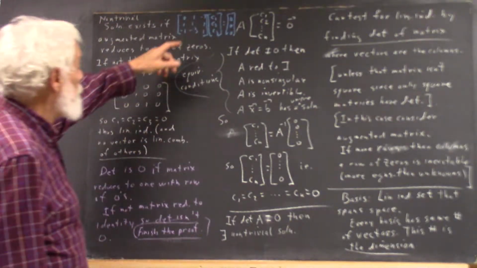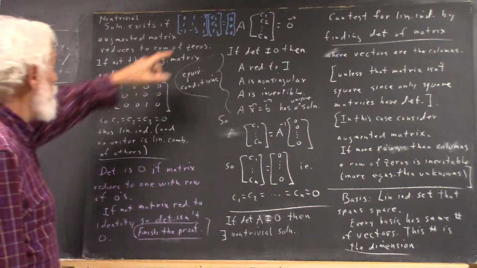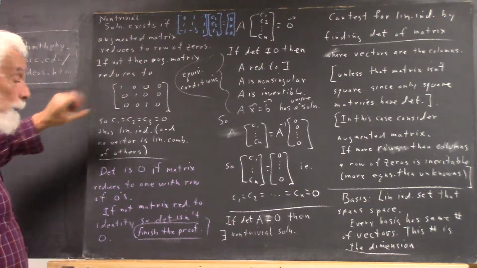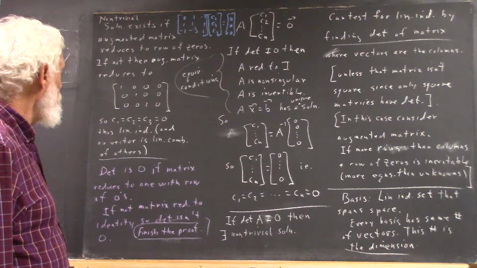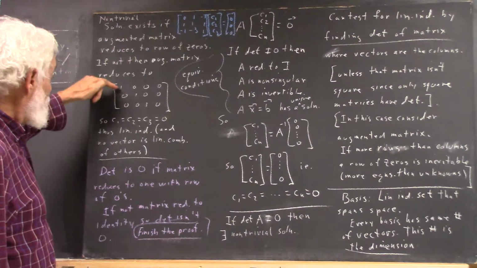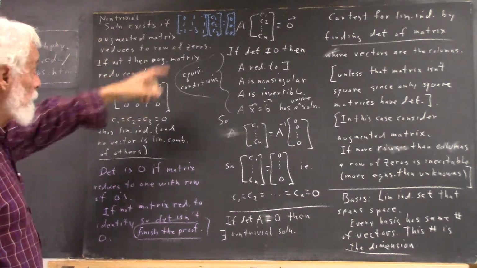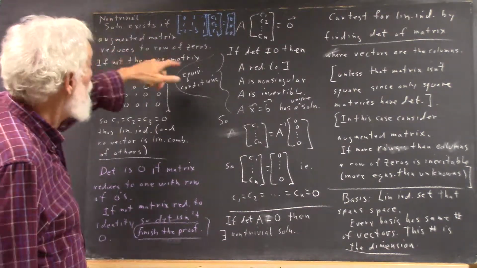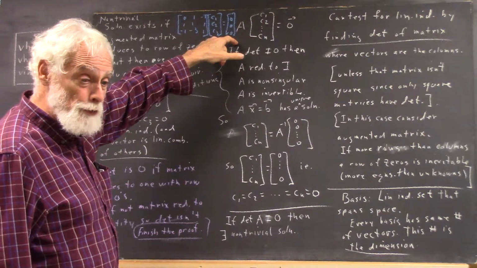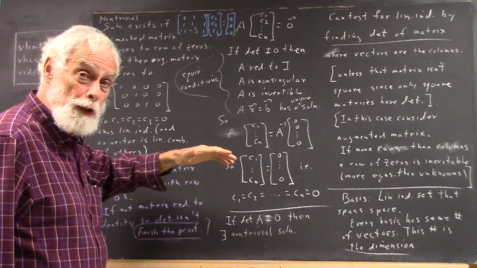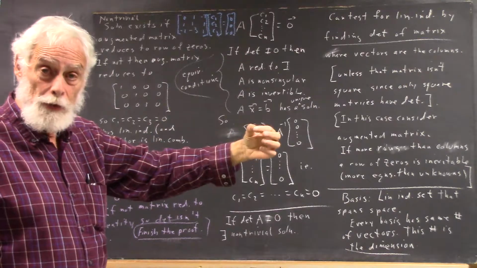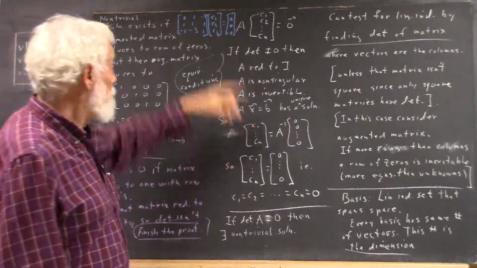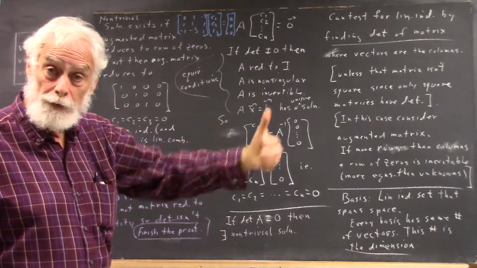Anything could happen with this matrix. It could be that this matrix reduces to the identity, in which case your augmented matrix would reduce to this. Remember that the variables in the system of three equations that this matrix equation represents are C1, C2, and C3. If this is x, y, z, the variables will be x, y, z. If it was x1, x2, x3, the variables would be x1, x2, x3.